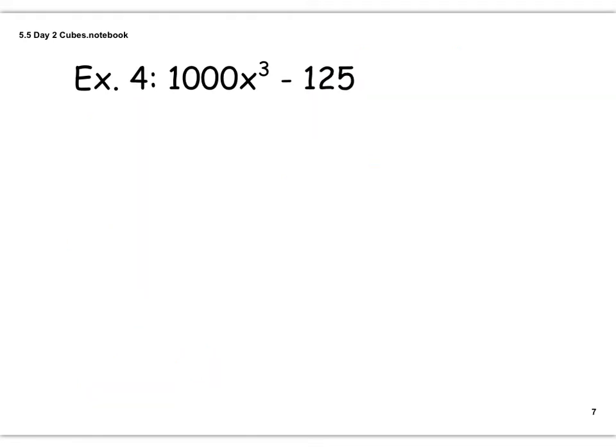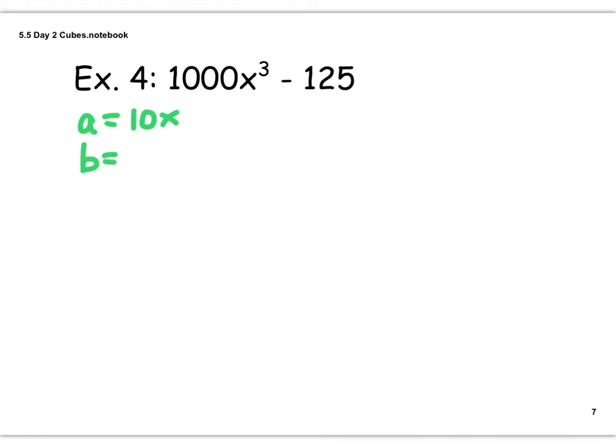Okay, hopefully you're starting to catch on. I'm going to skip some of the side work that I had done on the previous page. So I'm just going to ask you, what is my a value? Well, the cubed root of 1,000, that's 10. And then the cubed root of x to the third would just be x. So my a here is going to be 10x. For my b value, I need to analyze that 125.